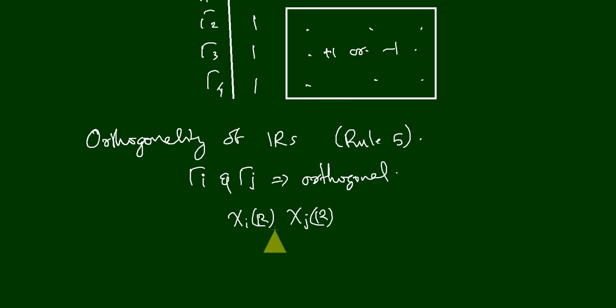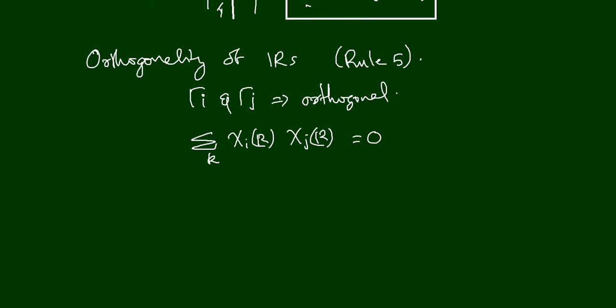Then you do this for every R and do the summation. So you write sigma over R of chi i(R) chi j(R), and that will be equal to 0. If this condition is obeyed, then you can say that the ith representation and jth representation are orthogonal to each other.